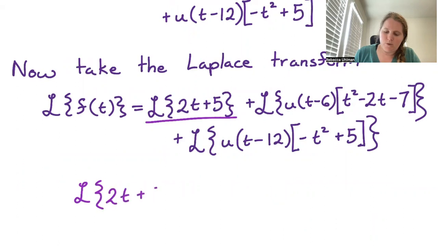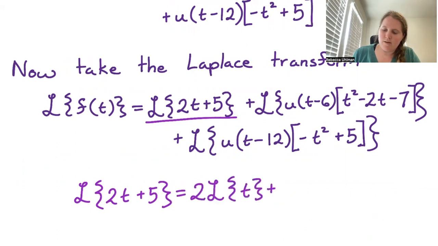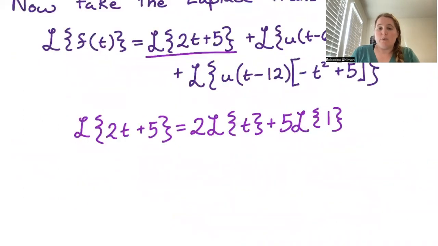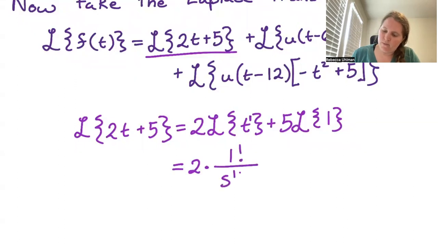The Laplace transform of 2t plus 5 is 2 times the Laplace transform of t plus 5 times the Laplace transform of 1. We know the Laplace transform of t is 1 over s squared; this is t to the first power, so we'd have 1 factorial over s to the 1 plus 1, our rule for powers of t.